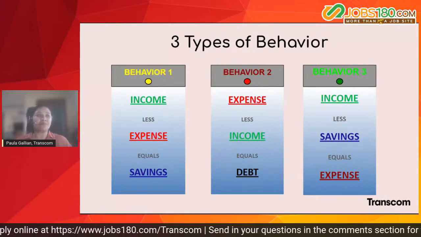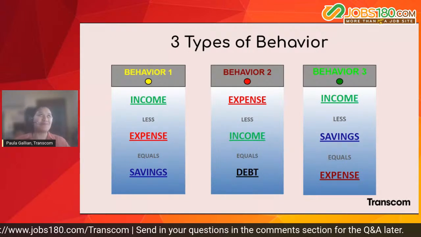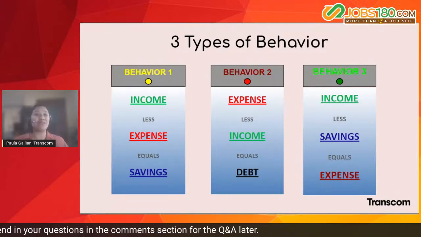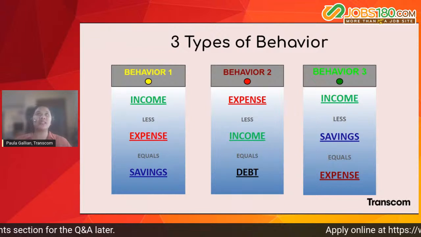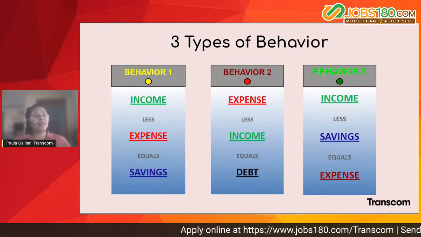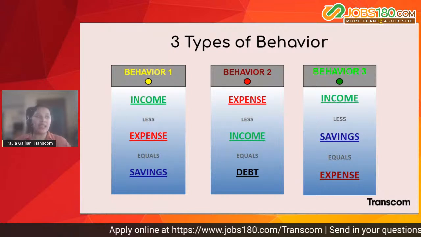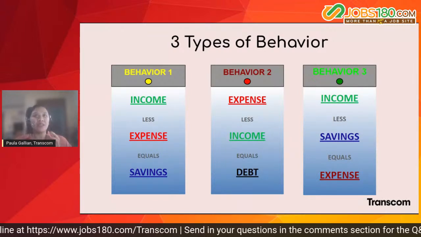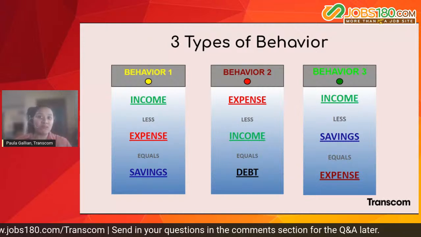But for me, as your mentor for today, I would actually highlight that you should have behavior 3. Why? It's because it's typical right now. It's more realistic at saka practical. Kasi for behavior 1, it's good, right? You have your income, you less your expenses. But how about if you don't have those savings anymore?